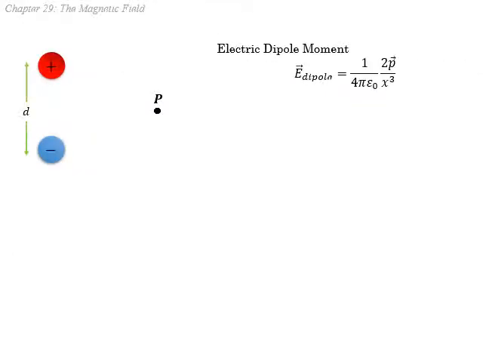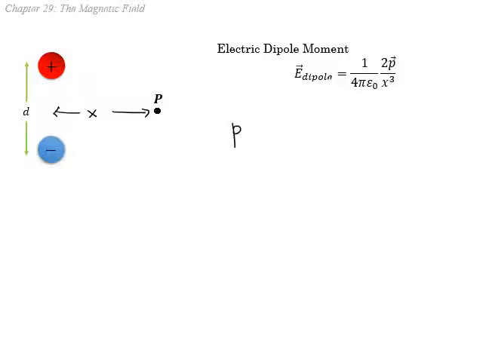Just before we discuss the magnetic dipole moment, I'm going to flash us back to when we discussed the electric dipole moment. An electric dipole moment was a way to describe the electric field of two charges that were equal and opposite and they were close together. So if we wanted to find the electric field that was a distance x away, we knew that that depended on something called the dipole moment and the distance from the charge.